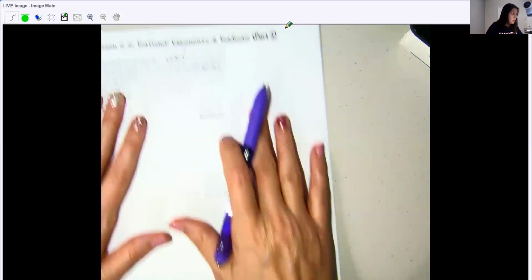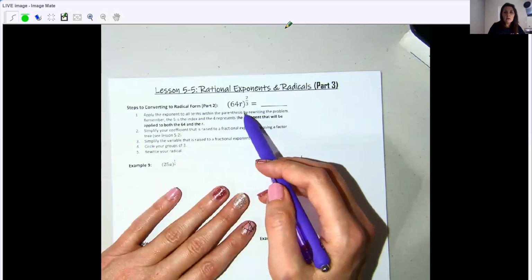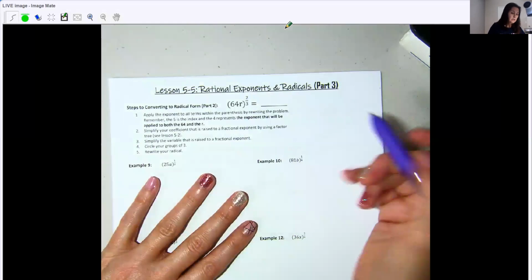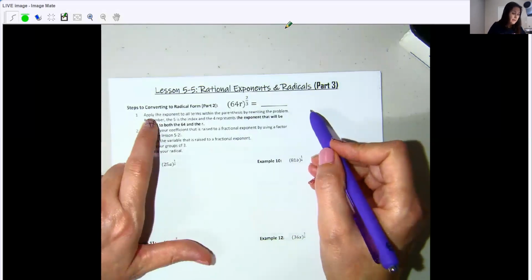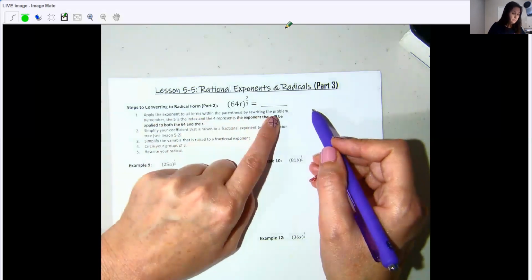So let's start with this example, 64r, okay, and both of those are raised to the power of 2/3. And so let's go along and follow the steps. Apply the exponent to all terms within the parentheses by rewriting the problem.